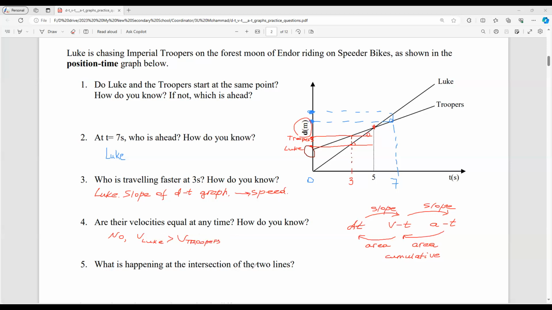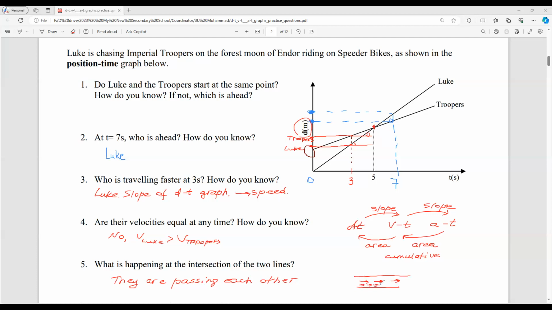What is happening at the intersection of two lines? They pass each other. It's like one road: one goes faster, one goes slower.